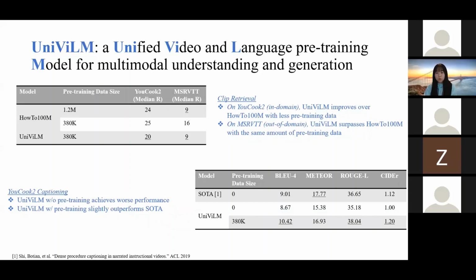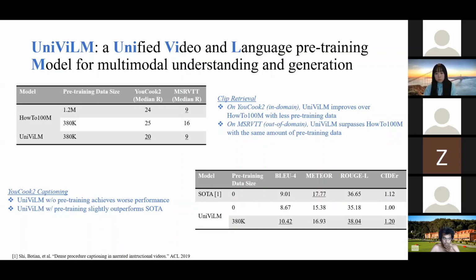On YouCook2, Uni-ViLM improves over HowTo100M with less pre-training data. On MSR-VTT, their method surpasses HowTo100M with the same amount of pre-training data. However, considering that Uni-ViLM adopts a more complex model architecture, the margin of performance improvement is not very surprising.